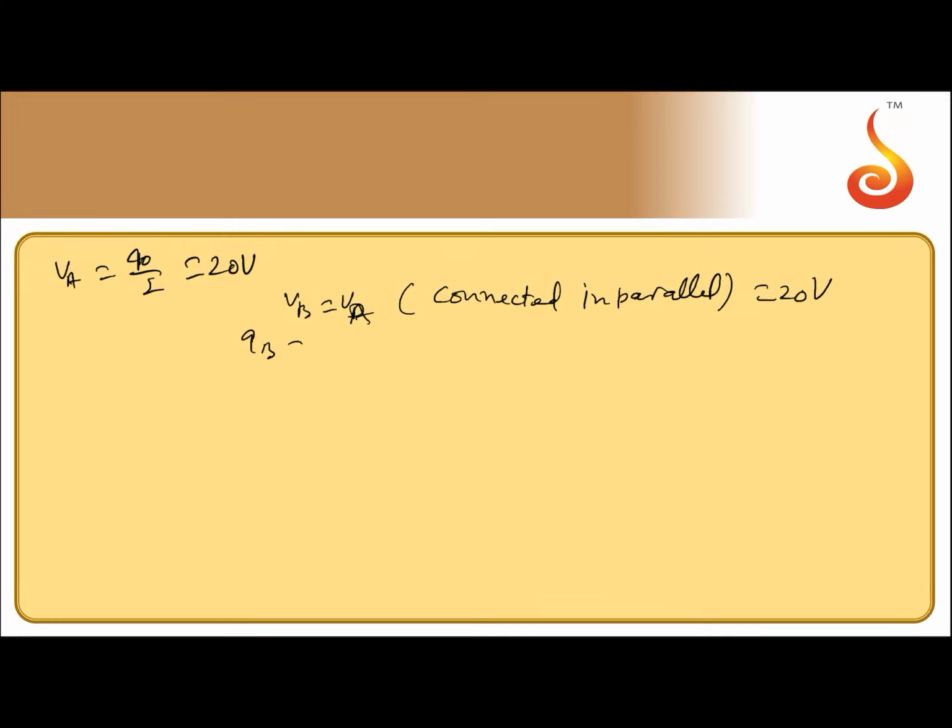So VA is 40 by 2, and VB also is the same. So VB is equal to VA, as they are connected in parallel.